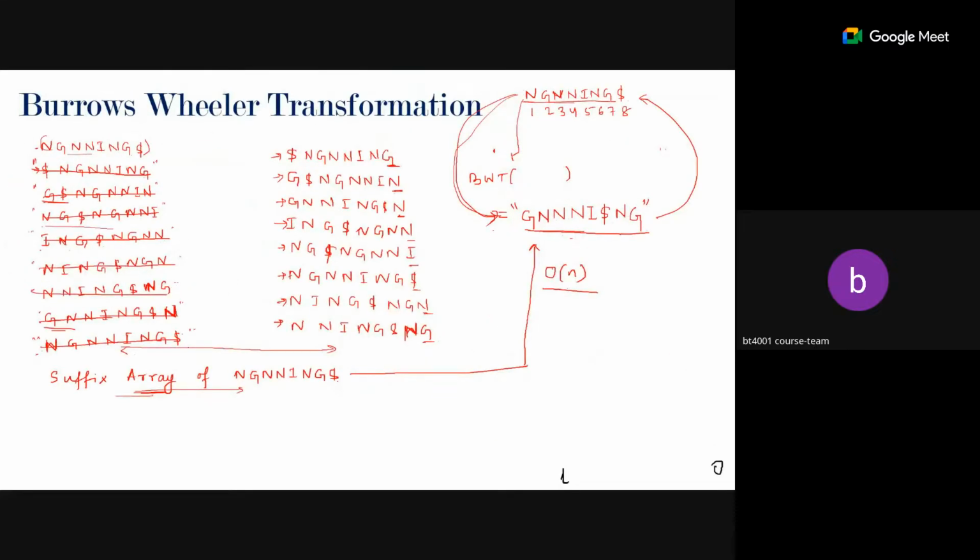For example, suffix array to Burrows-Wheeler transformation. I haven't read it somewhere, but I found it myself while solving it. I saw that this is an easy way to find the Burrows-Wheeler transformation. This comes with lots of practice.